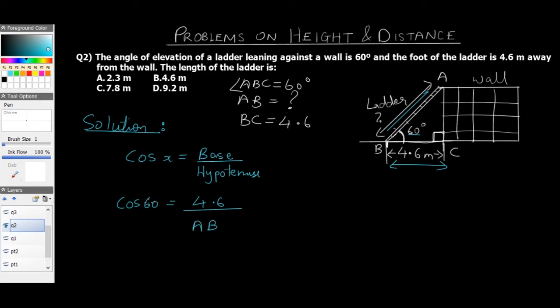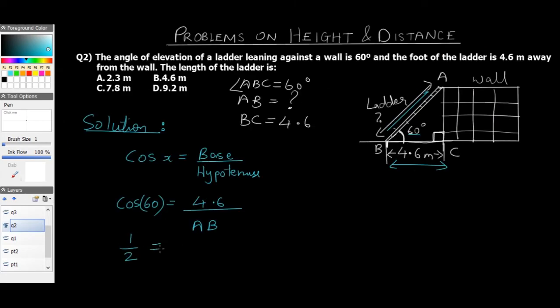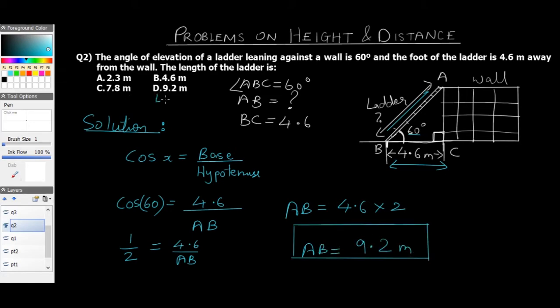Now as I told you, you need to learn by heart the values of the standard angles and their trigonometric ratios. So let me just show you what cos 60 is. Cos of 60 is 1 by 2. So 1 by 2 is equal to 4.6 upon AB. So ultimately AB is equal to 4.6 into 2. So this will give us the final answer of 9.2, which is meters. So option D is our final answer.